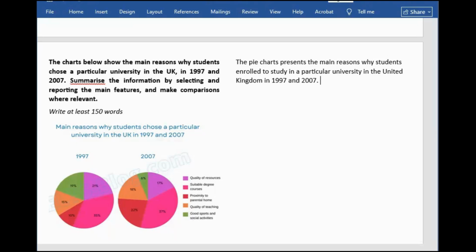Okay? This is my first sentence. And then I'll write the second sentence to highlight these reasons. Okay? The reasons are as follows.